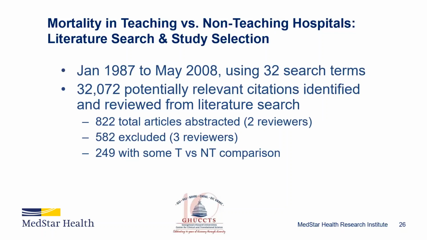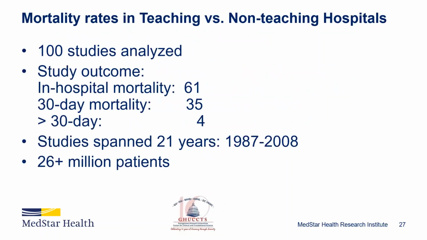And then it turned out that out of these 249, not all of them actually had data that you could use in a meta-analysis. So we came up with actually just 100 studies where there was teaching versus non-teaching data that we could actually use in a meta-analysis.